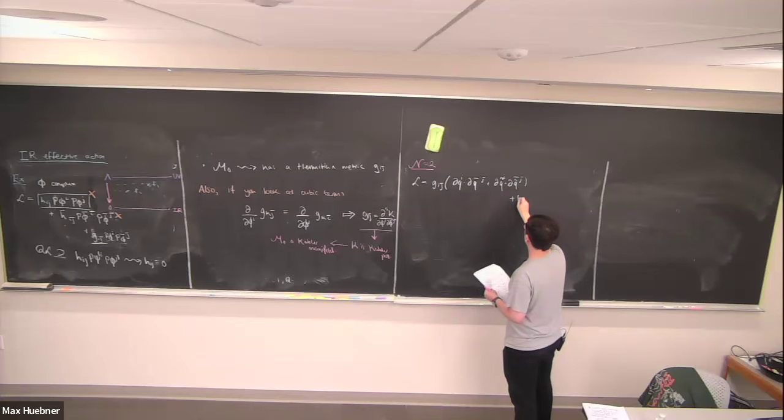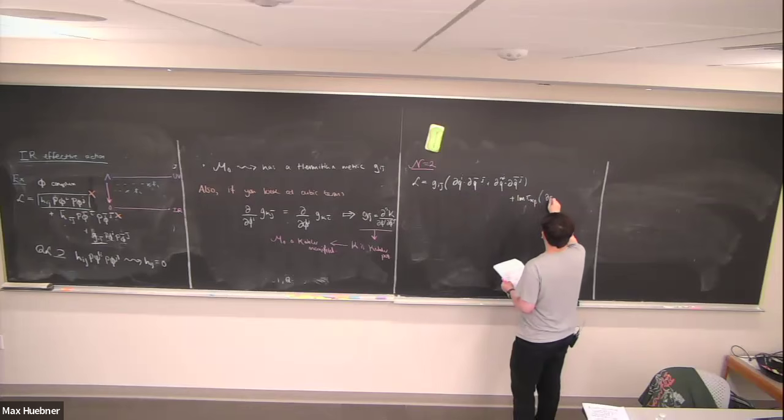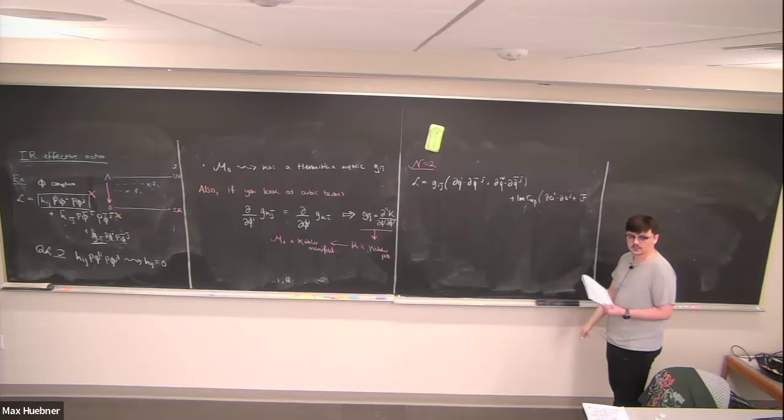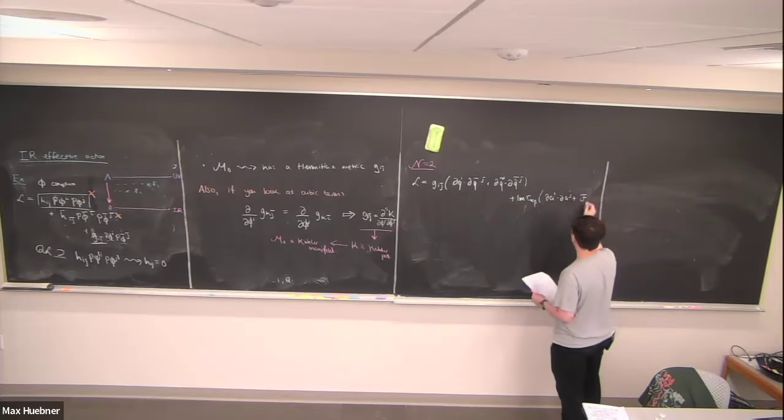Then you have a second term that deals with stuff from the vector multiplet. So this is the scalar from the vector, the A's. And then you have a term which depends on the field strength of your vector potential.